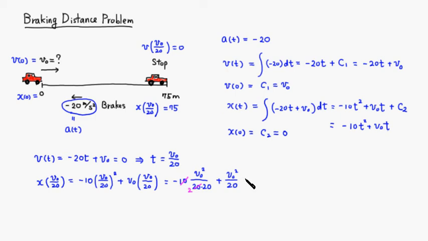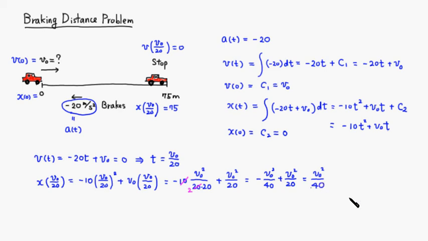So you have negative v0 squared over 2 times 20, which is 40, plus v0 squared over 20. And v0 squared over 20 is 2 times v0 squared over 40. So this is simply v0 squared over 40.